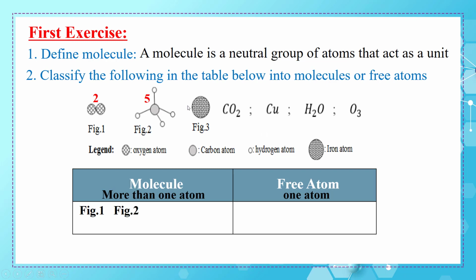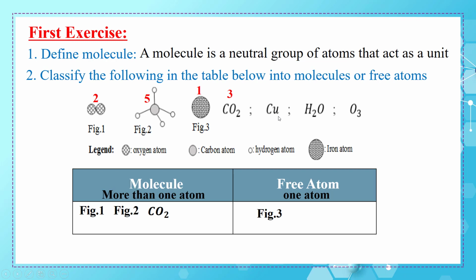Figure 3. How many atoms? 1. So it is a free atom, and we put figure 3 here in the column of free atoms. What about carbon dioxide, CO2? How many atoms do we have? 1 C and 2 O. This means 3 atoms, so it is considered a molecule.